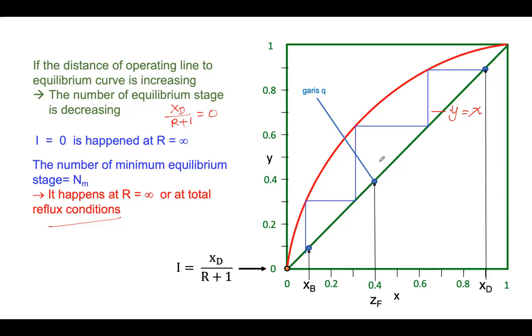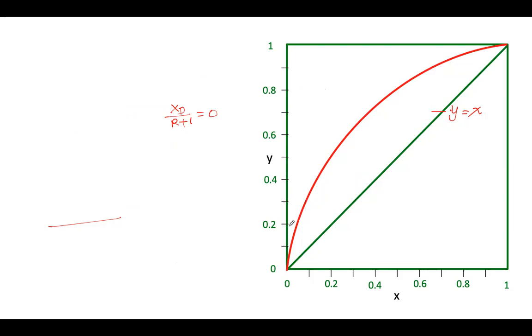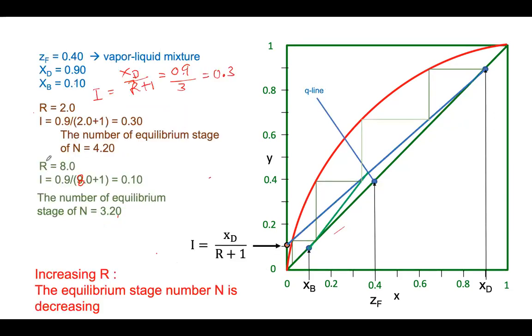By judging this curve and having a look here, the N minimum, or the minimum equilibrium stage that we calculate, is actually around 3. So the minimum stage is 3 when the reflux is at its maximum.